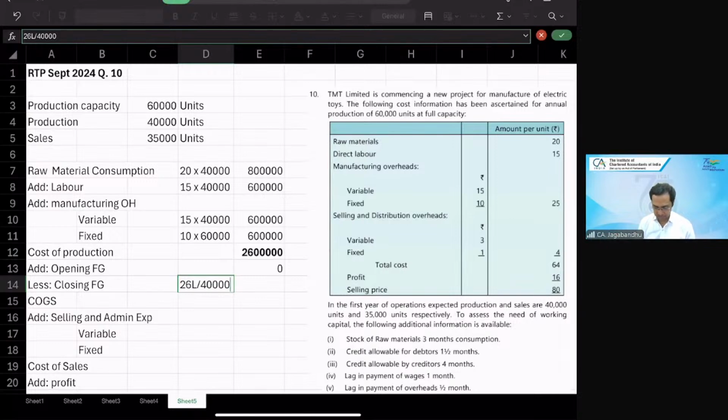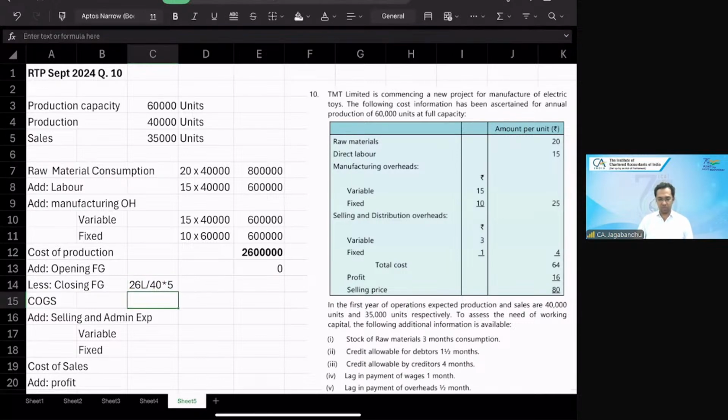So this is 26 lakh divided by 40,000, and we multiply it with the stock of 5,000, because 40,000 units are produced and 35,000 are sold.